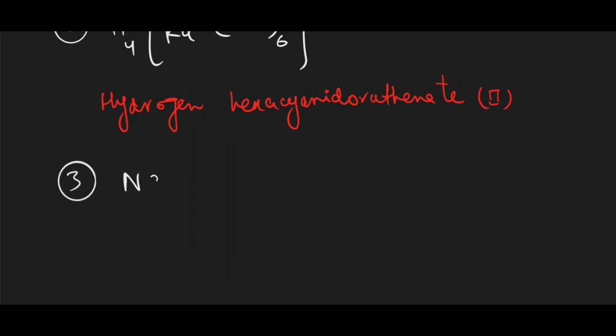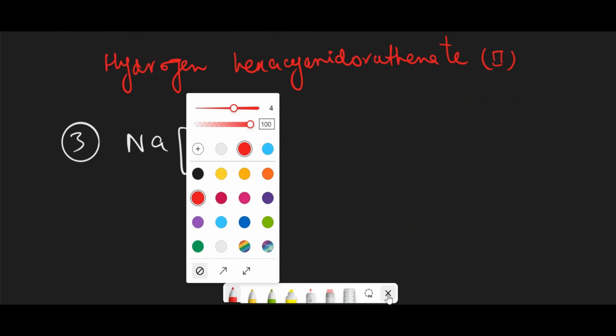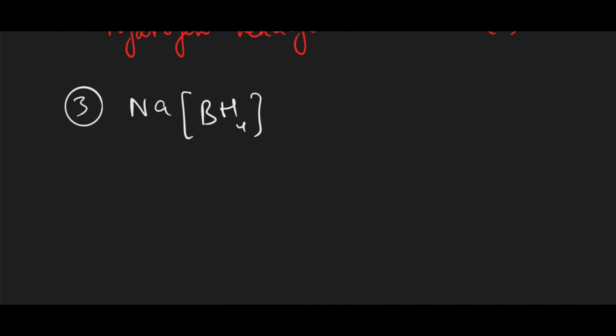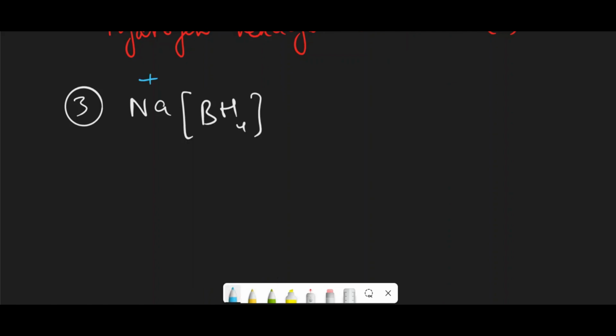Now the third complex is sodium. It's a simple compound. Let me change the color. Sodium is +1, and it's hydride, and hydride shows negative charge, -1.